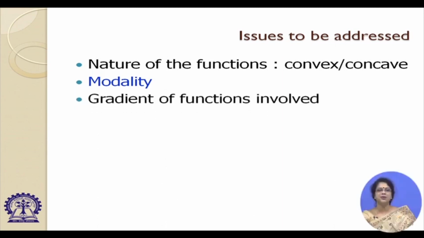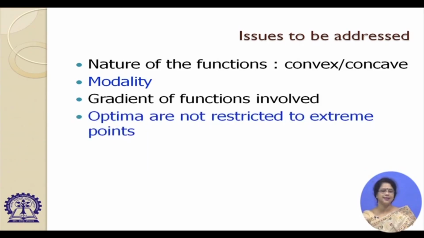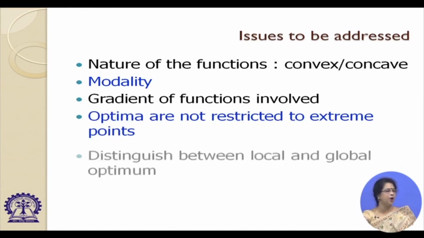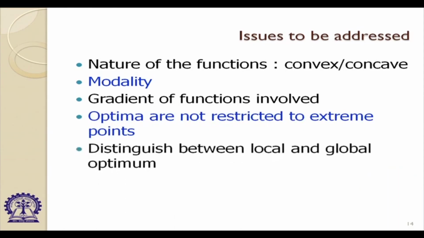Next, you need to learn the gradient of the function. As I said, in which direction you will move, the gradient will guide you. Now, since optimal points are not restricted to the extreme points, it is very difficult for us to get the optimal solution. There are infinite numbers of points at the edge of the feasible space.